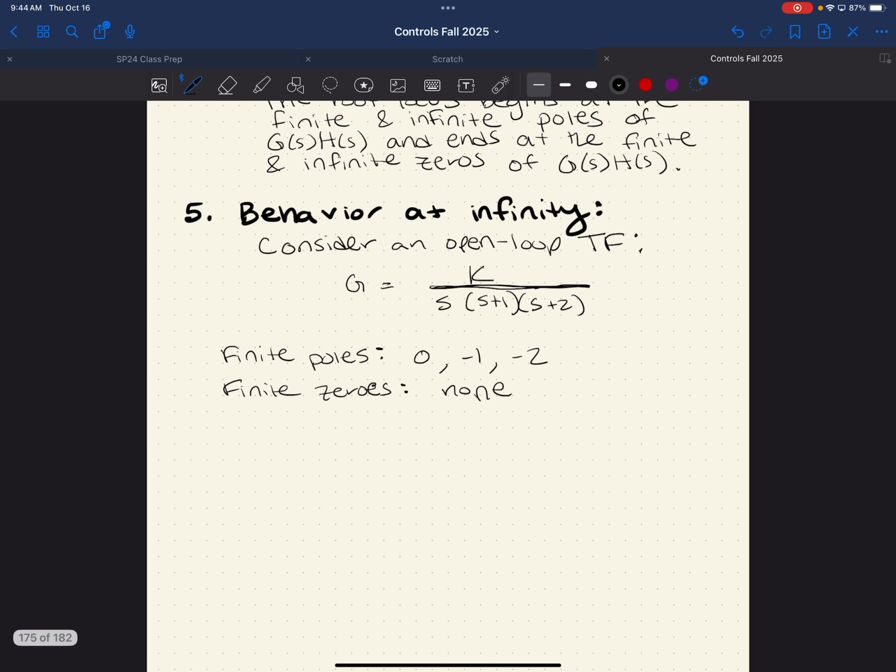Okay, let's define what our infinite poles and zeros are. Infinite poles.